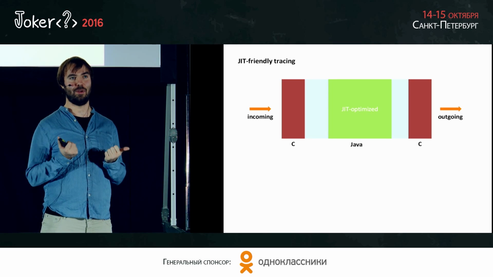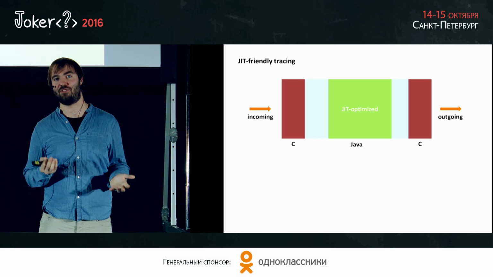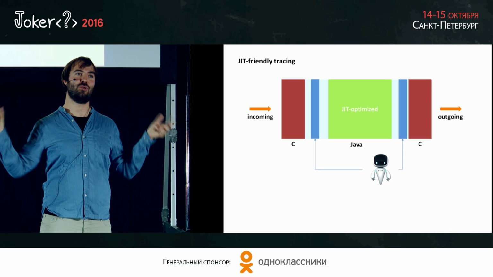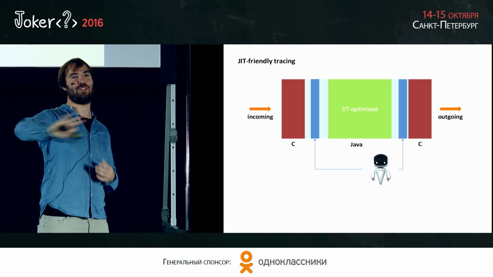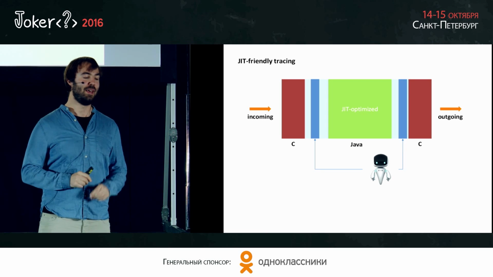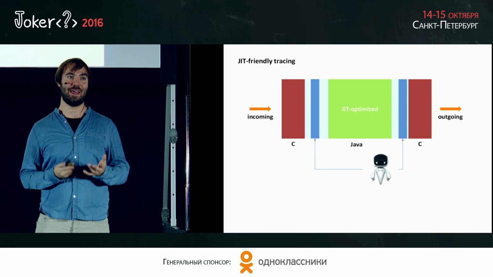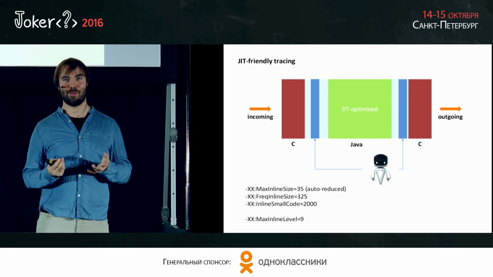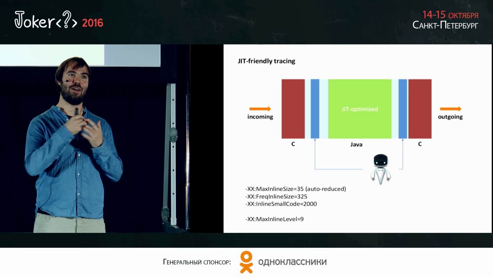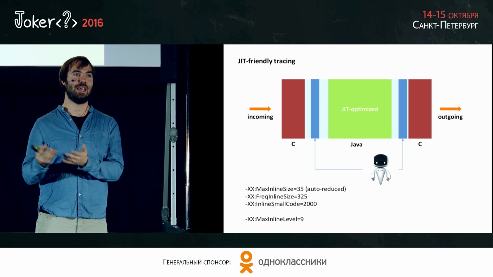A good rule of thumb to write good agents in general is to place yourselves on the outsides. Don't find a hot loop and paste in a bunch of code. You might drastically reduce the performance of your program. And this is not only because you change the semantics of the program, it's simply because you copy-paste bytecode in there. So if you do a lot of things, you will have to paste a lot of bytecode into the application.